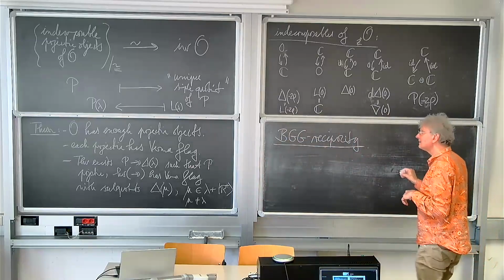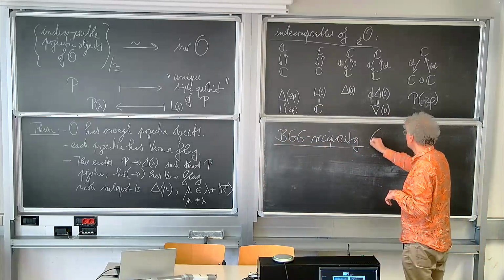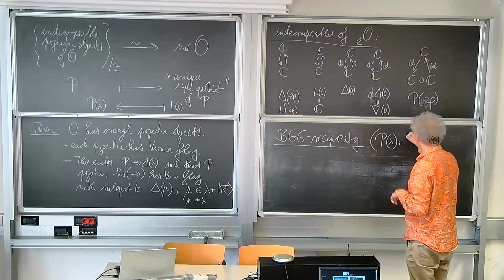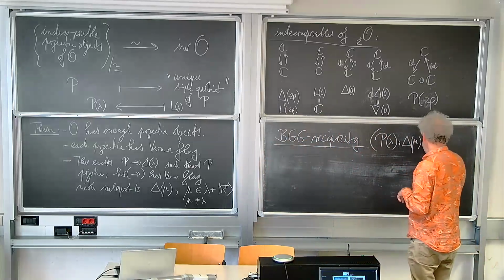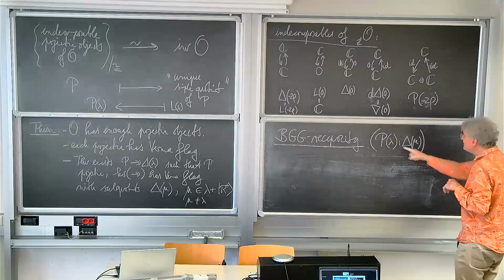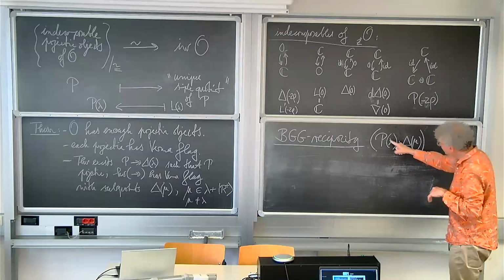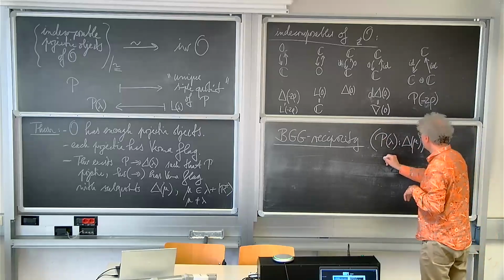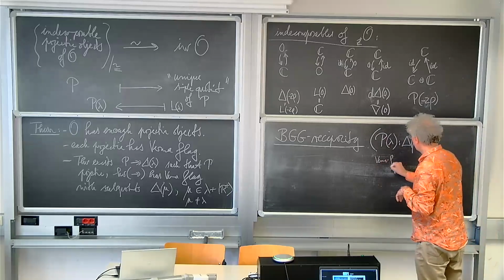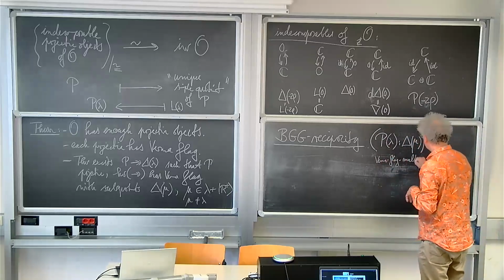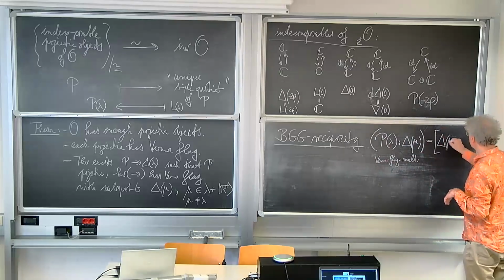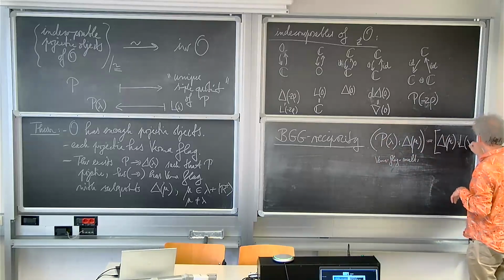It tells us that the multiplicity of the Verma module inside the indecomposable projective, which is the indecomposable projective cover of L lambda, means Verma flag multiplicity. This is the same thing as the multiplicity of the simple inside the Verma module, and this is here the Jordan-Hölder multiplicity.